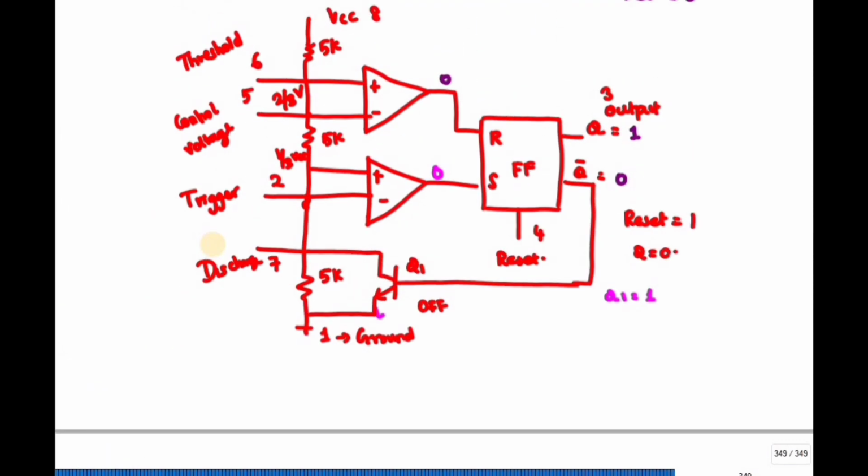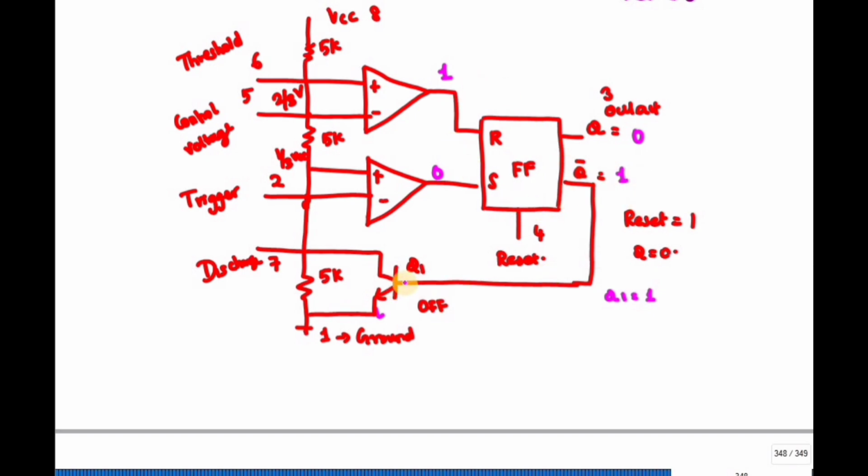If it goes above the 2/3 value, this will go to 1. Therefore my Q will go to 0, and this one will go to 1.